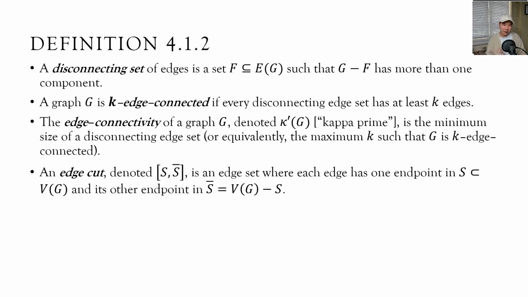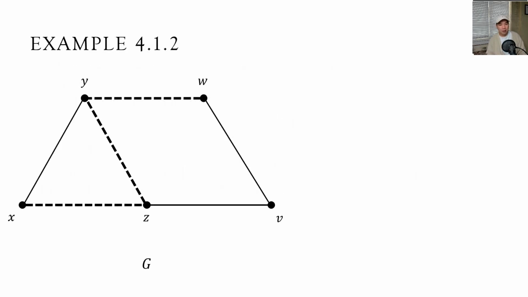So just so that we can really give a concrete example here, let's use that same graph I had earlier. And notice here that I've already went ahead and put some lines dotted. So if I look at these 3 dotted lines in my graph, if I were to delete these 3 edges, I think we can pretty clearly see that my resulting graph would be disconnected.